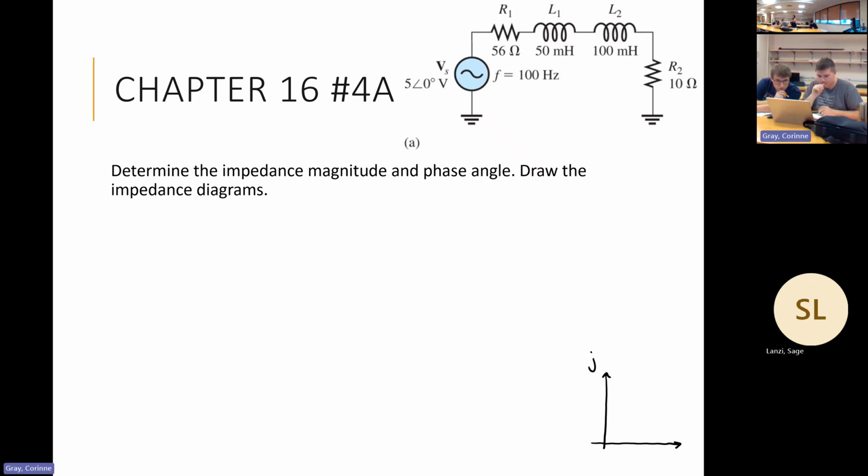Just remember, it's just the square root of those squares.